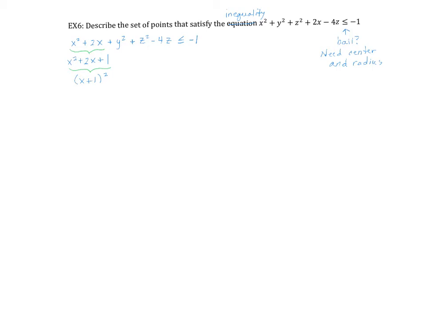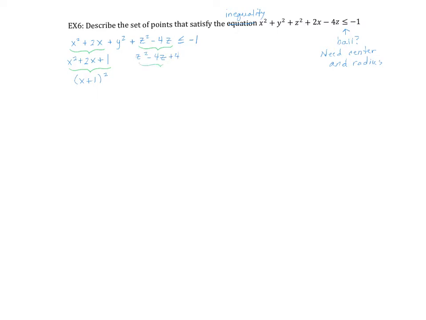The y squared is already something squared. Notice that I don't have a linear y term, I just have y squared. But the z's need to be a perfect square as well. So if I take half of -4, which would give me -2, and I square it, I get a positive 4. So this would be z squared minus 4z plus 4.